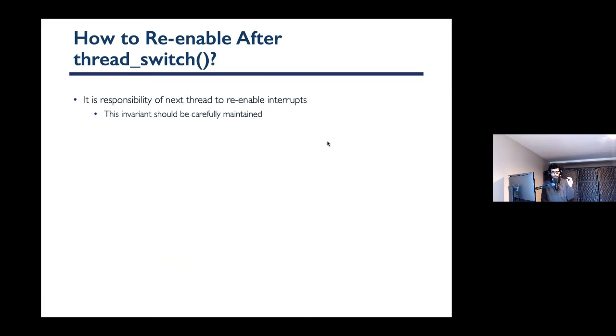The invariant says that whatever thread is going to run after it wakes up, the first thing, or one of the things, that it has to do is to enable interrupts. So any thread that gets scheduled has to enable interrupts when it gets scheduled.